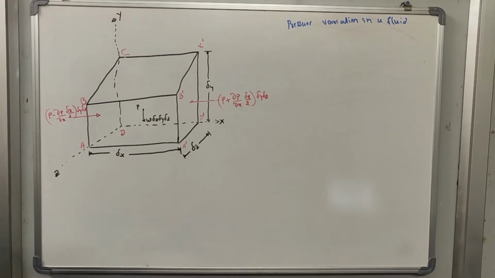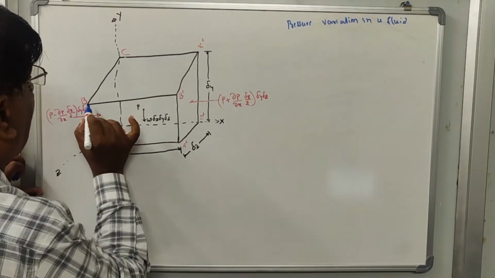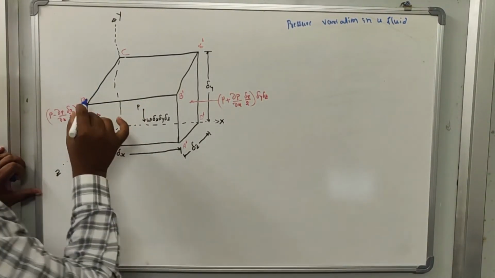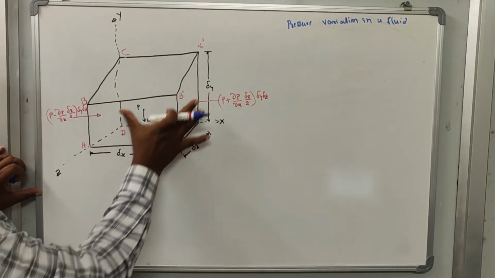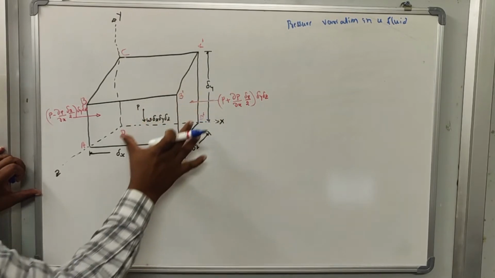To study the variation of pressure in the fluid, let us consider a small element, as I told, a fluid element in a fluid continuum. That is a parallelopiped. Let A, B, C, B dash, A dash be the corners. This is a small fluid element.